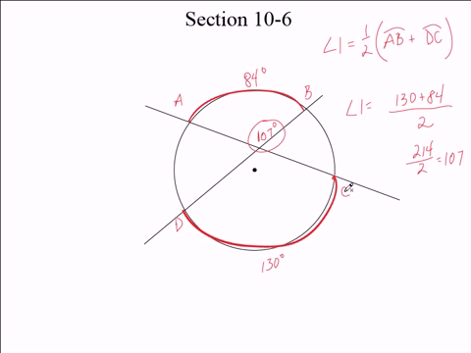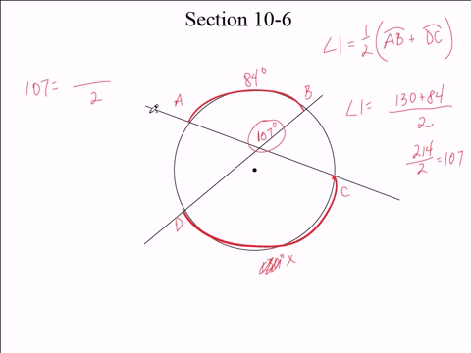Now it gets a little bit trickier if, let's say they don't tell you this, and they'll call it X, and they give you this angle. Right? Now what would you do? Yeah, you would say 107 equals, let's do it like this. I like to put it over 2. Do you like over 2 better than a half out in front? I do.